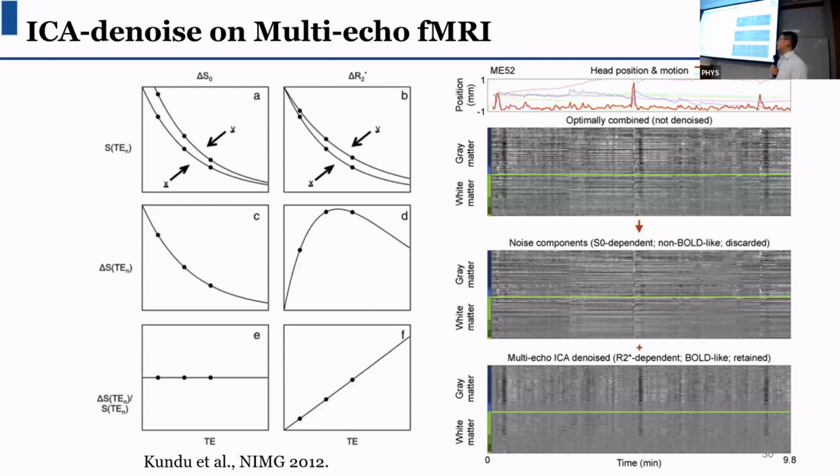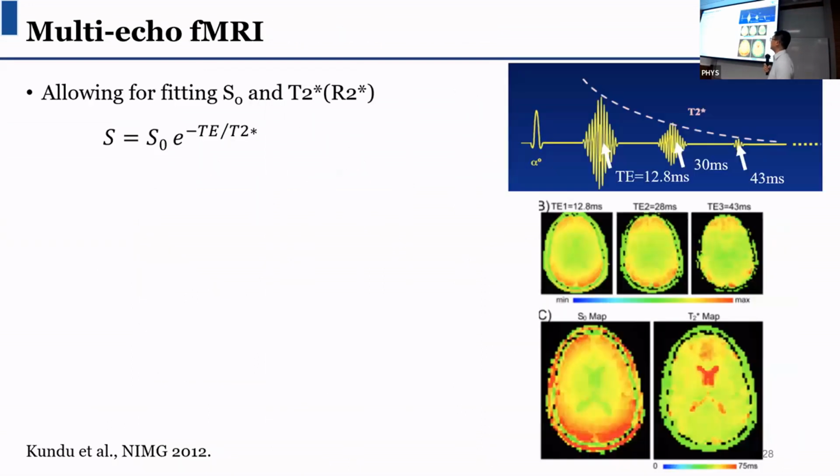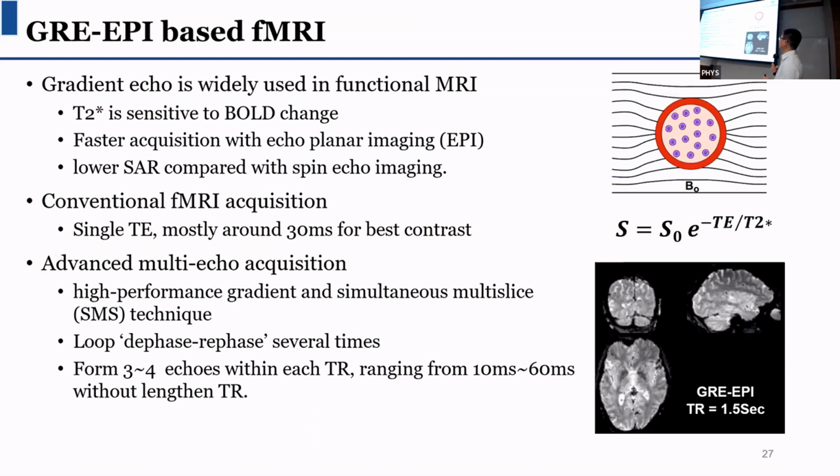Another important technique: we know the functional MRI signal is affected by a lot of noise, like head motion, respiratory and cardiac signals, and thermal noise. And we're assuming the only signal we are interested in is the BOLD signal, which is T2 star sensitive.